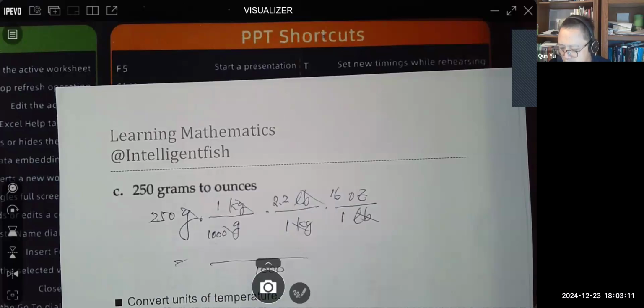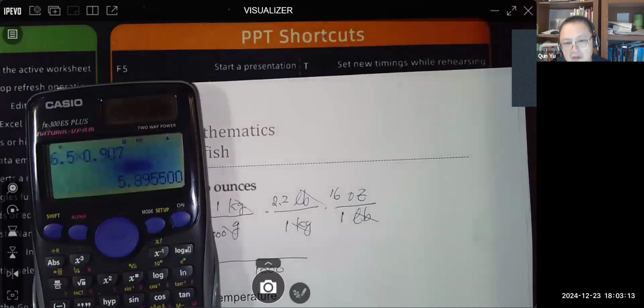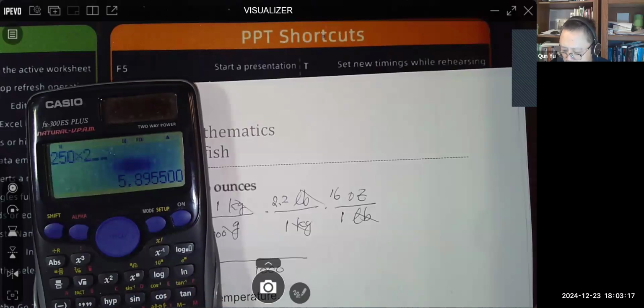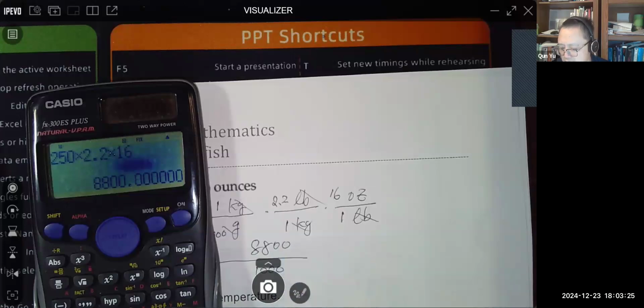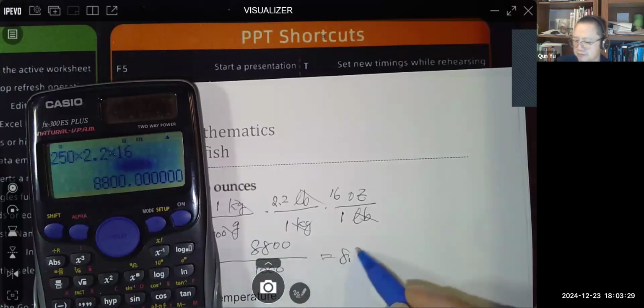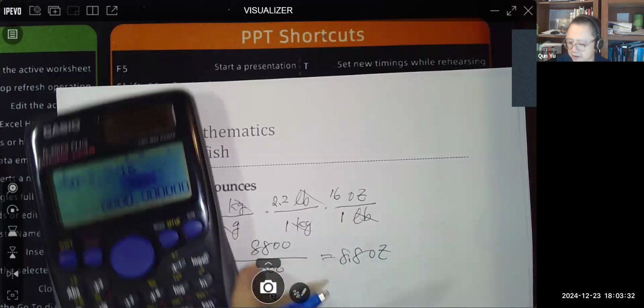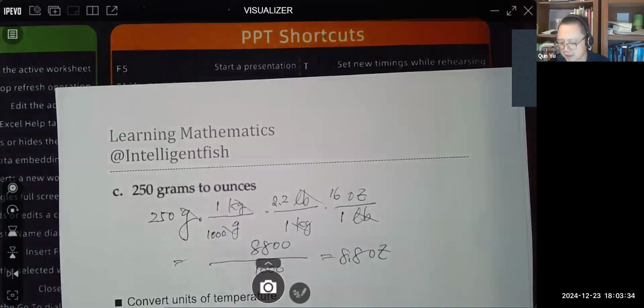So 250 times 2.2 times 16. So we get 8,800, then divide by 1,000, just 3 decimal digits. So it's 8.8 ounces. Yeah, 8.8 ounces.